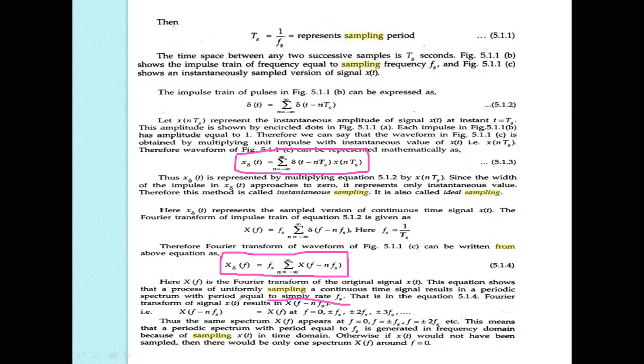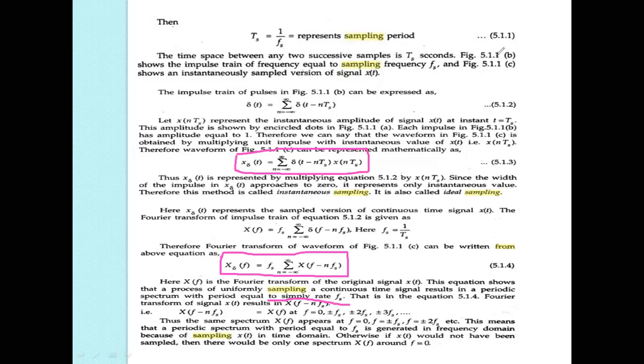The Fourier transform of the signal x of t results in x of f minus n into fs, where f is equal to 0, plus or minus fs, plus or minus 2fs, plus or minus 3fs. Thus, the same spectrum x of f appears at f equal to 0, at f equal to plus or minus fs, and f equal to plus or minus 2fs, etc. This means that a periodic spectrum with period equal to fs is generated in the frequency domain because of sampling x of t in the time domain.